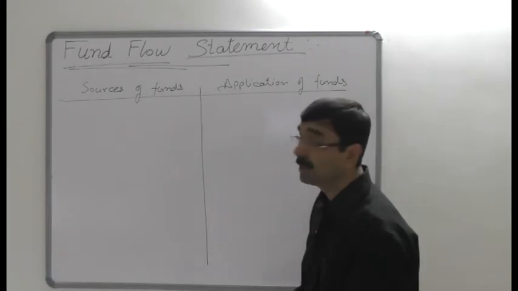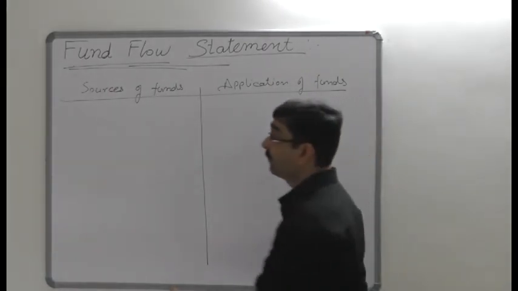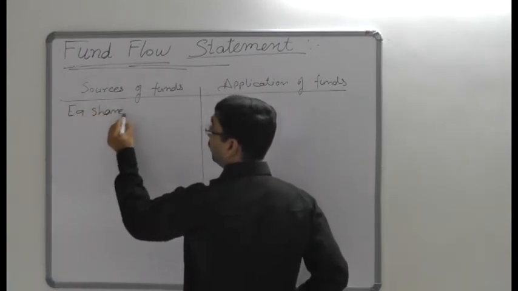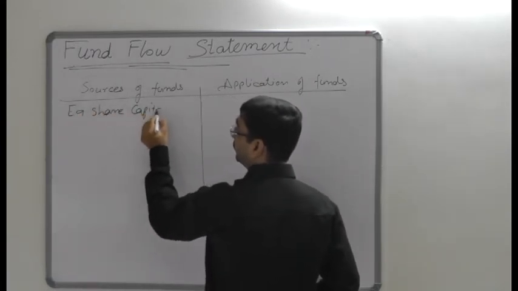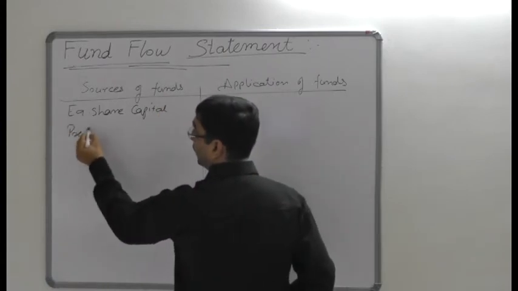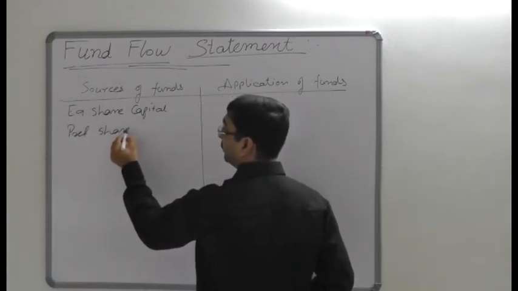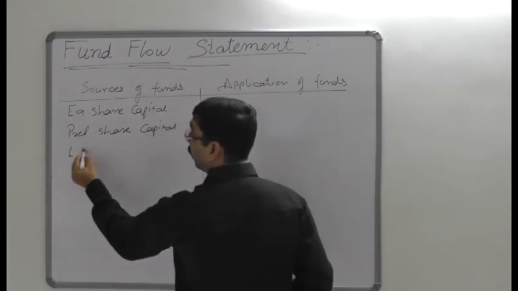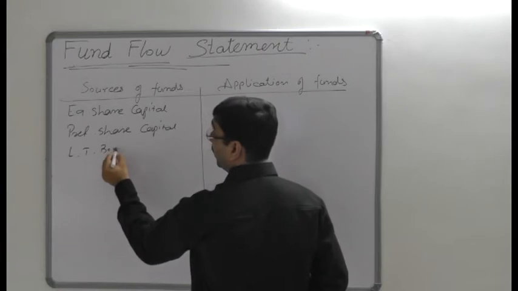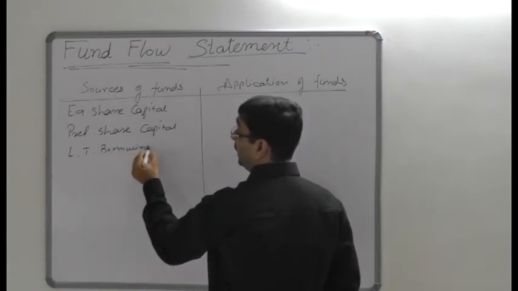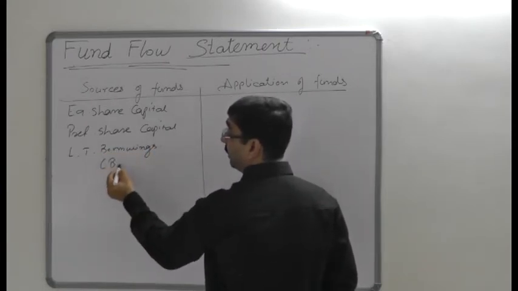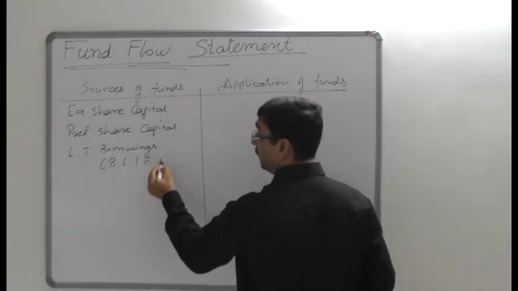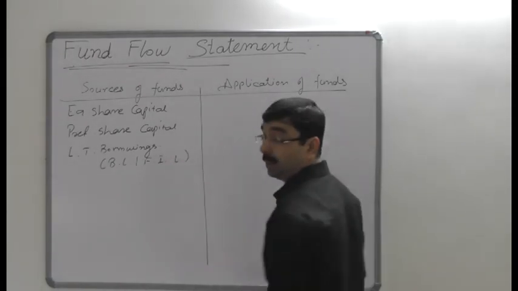Under the sources of funds, if the company issued equity share capital, then preference share capital. If the company takes any long-term borrowings, like a bank loan or financial institution loan, right?